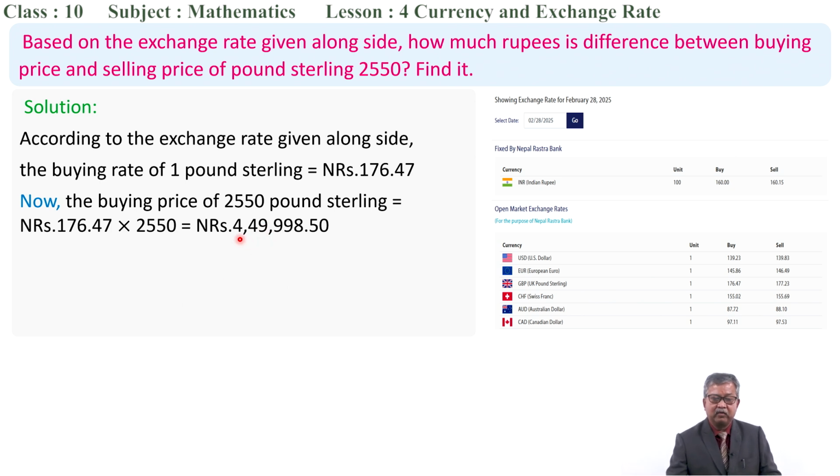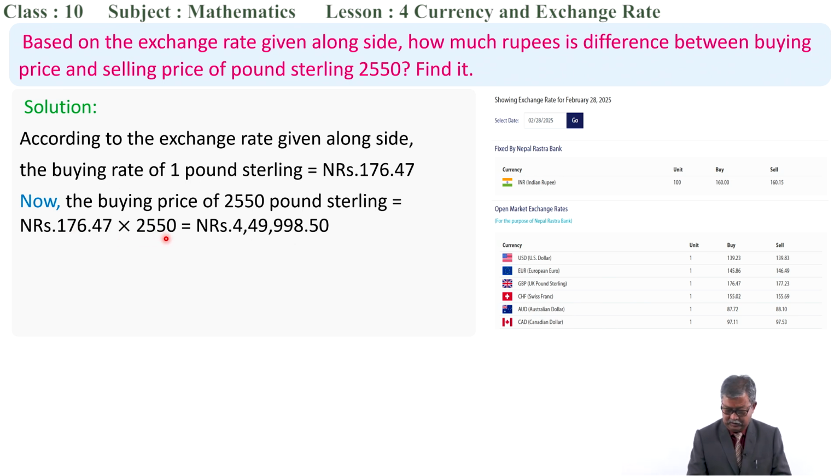How much? 4,49,998 rupees 50 paisa. It means when we exchange 2,550 pound sterling according to the buying rate, then the Nepalese rupees is this. Similarly, now according to the selling rate, the selling price of 2,550 pound sterling is how much?